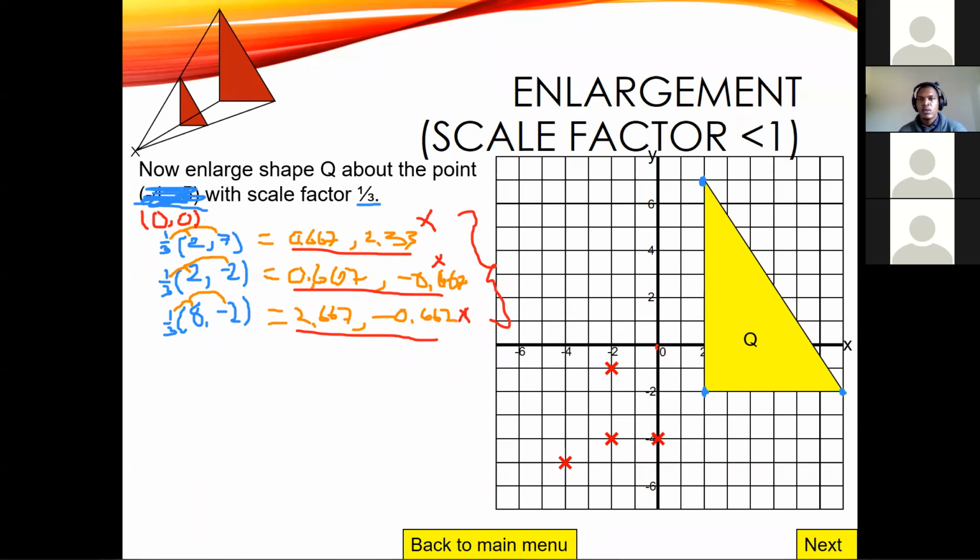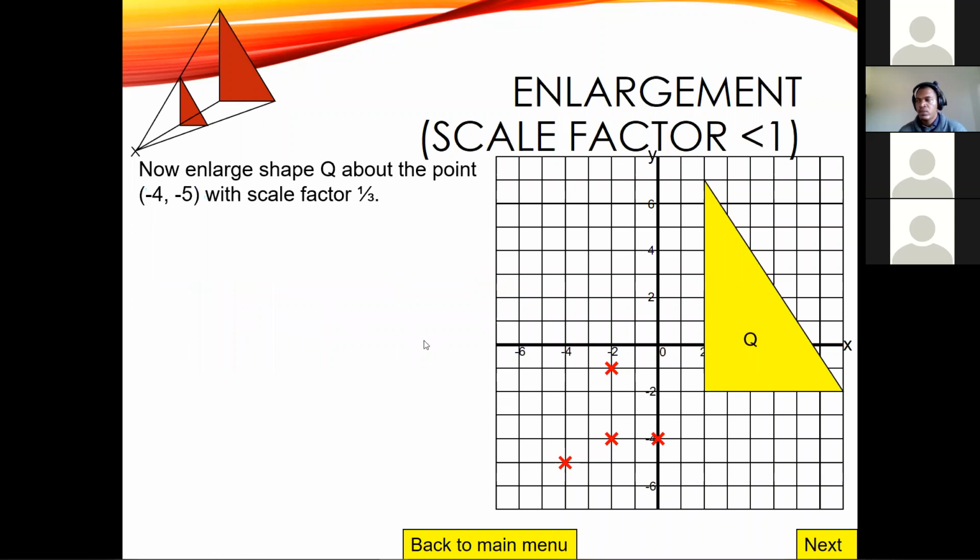So that is one way that I quickly wanted to explain, and we have seen many students always just go to 0, 0 by default, and they don't focus on this one as well, all right? So let us proceed from here. So with the center of enlargement, we will always indicate it on the paper, okay?